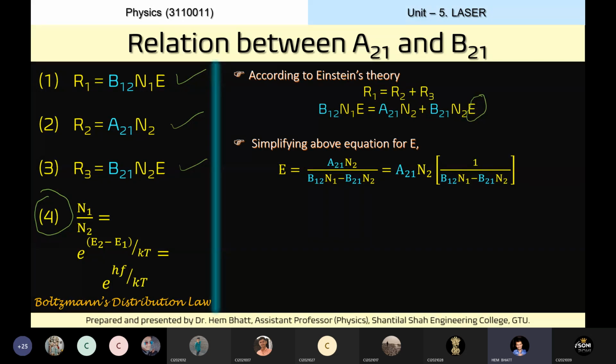Now, I want this term to be common. મારે આ term common લખવી છે. Means I want to write this like this. આવી રીતે લખવું છે તો કૌંસમાં શું આવે?